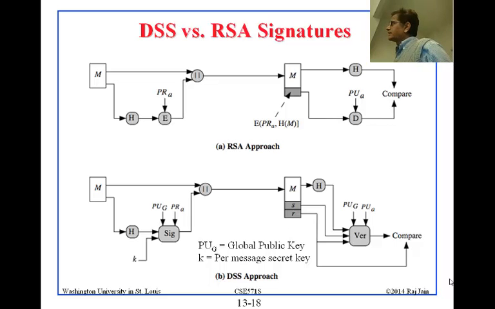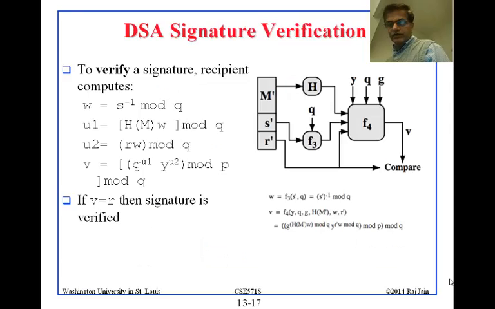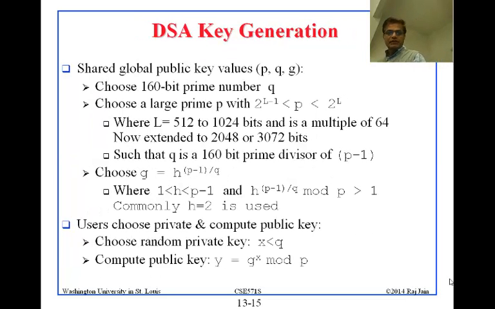With the DSS approach, you have all these numbers, public G, private A. Let's see, what is private and what is public here?